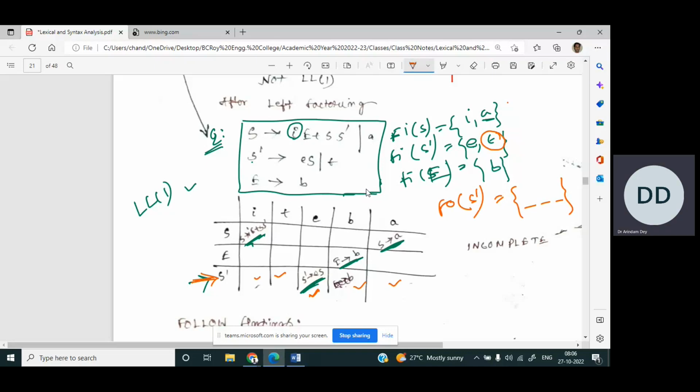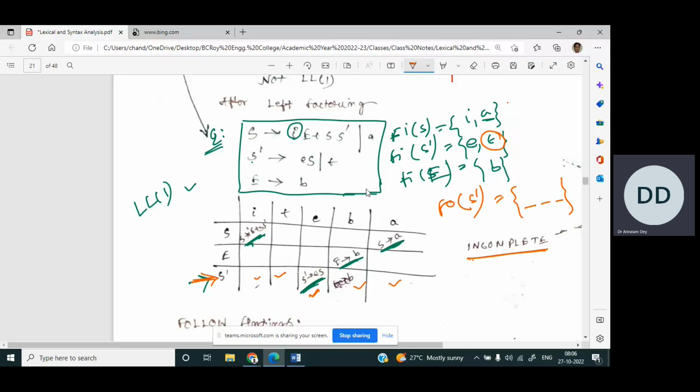Okay. Now that's why in most of the cases you've seen that I have written the incomplete table, because the grammar initially had the left factoring property. After performing the left factoring, the grammar is fine. Initially the grammar was not left factored, I should say rather.